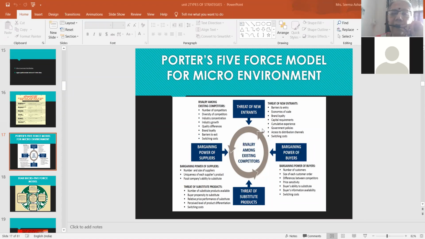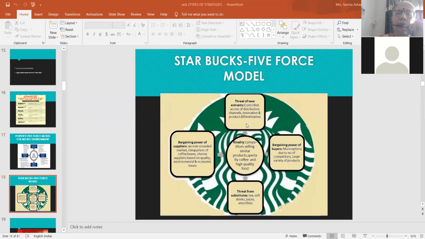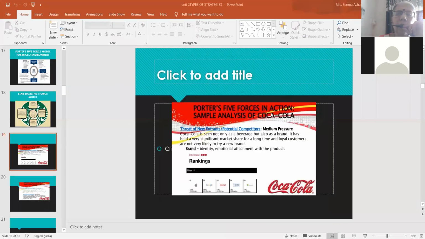So these five factors need to be studied properly when you are formulating your strategies. Again, we have seen examples of Starbucks and their five force model over here. We have also seen the five force model of Coca-Cola. You will have lots of examples of Michael Porter's five force model from the net.